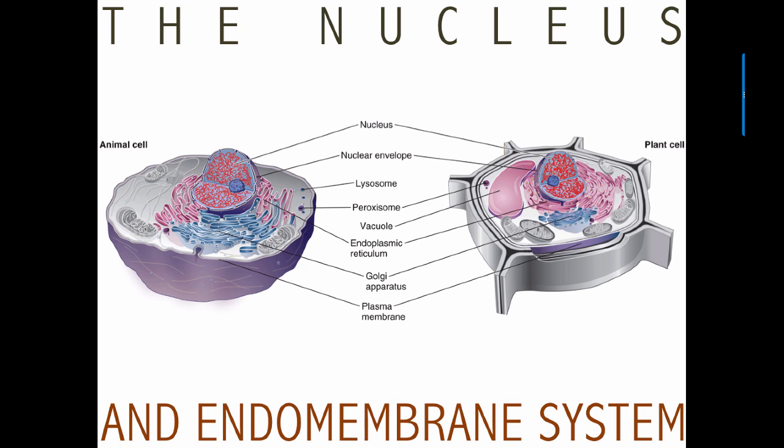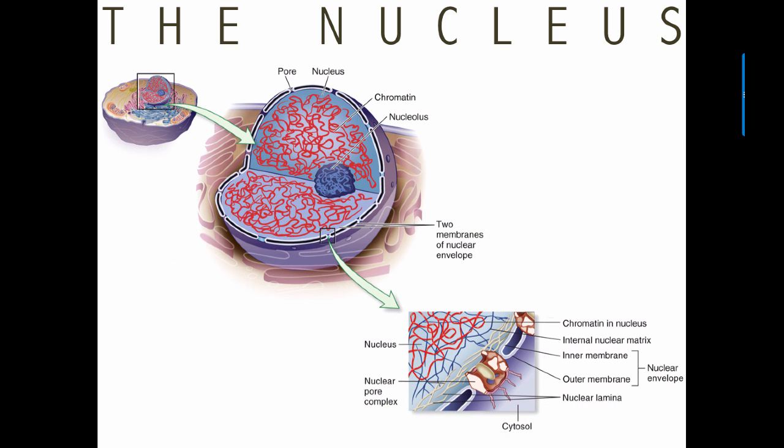The endomembrane system is composed of the nuclear envelope, the endoplasmic reticulum, the Golgi apparatus, the plasma membrane, and then a variety of different types of vacuoles and structures which are derived from the endoplasmic reticulum or the Golgi. So that's what we'll look at next.